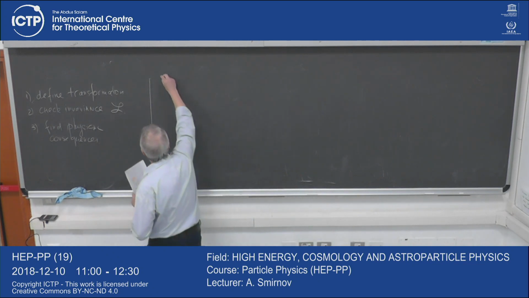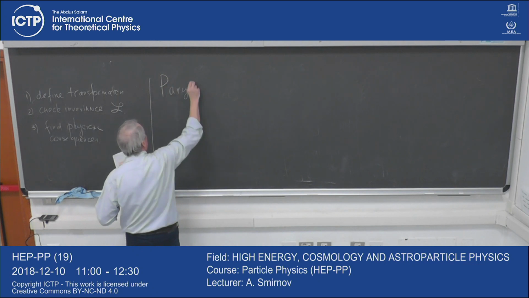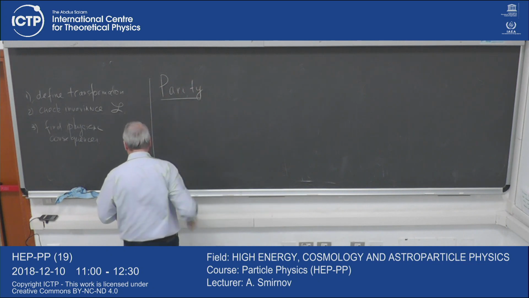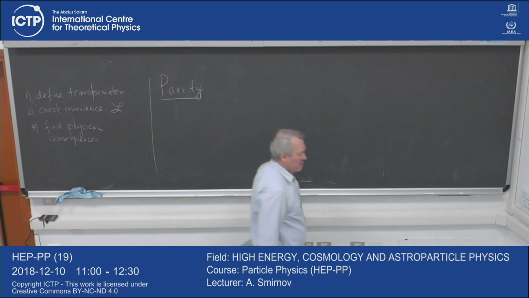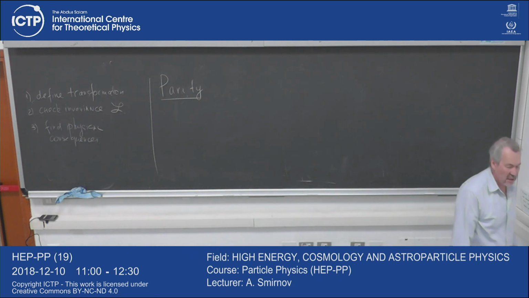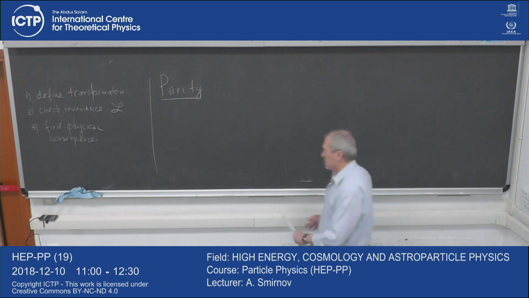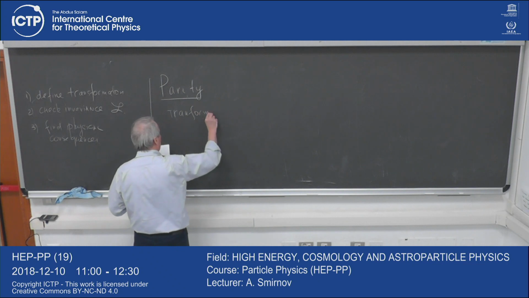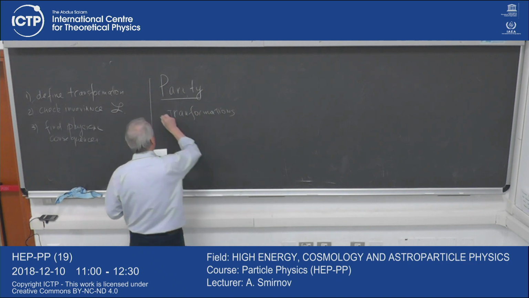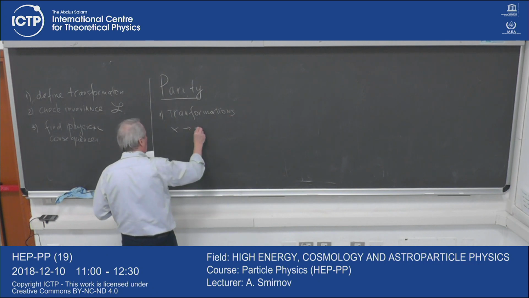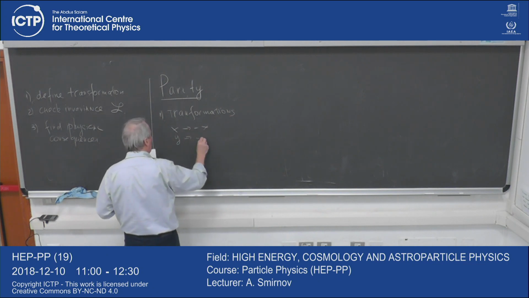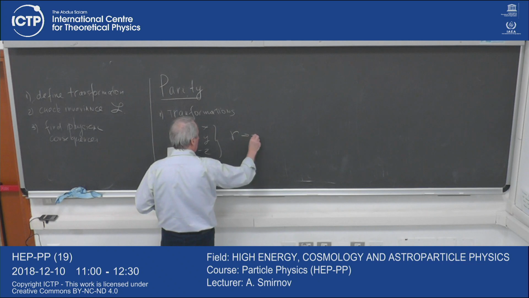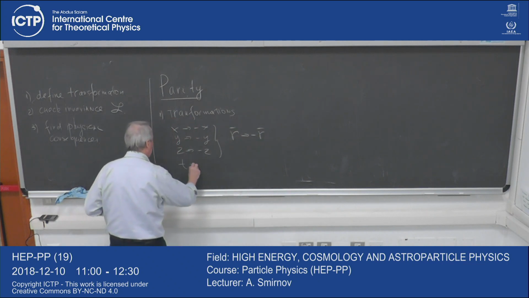So, parity. This is a symmetry of the Lagrangian which we will discuss, and we need to introduce transformations. So what are the transformations? X goes to minus X, Y goes to minus Y, Z goes to minus Z, or you can say R goes to minus R. And we do not transform time.